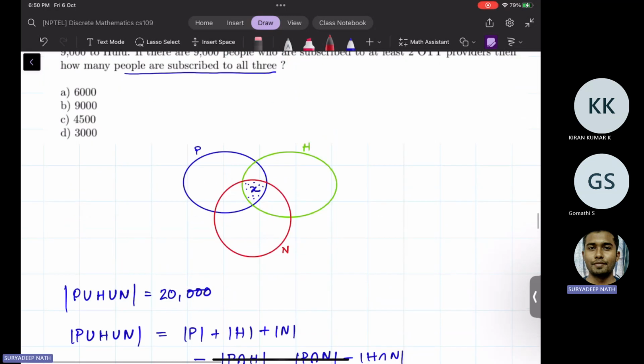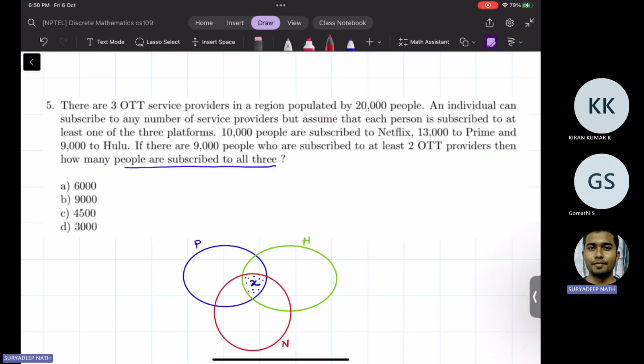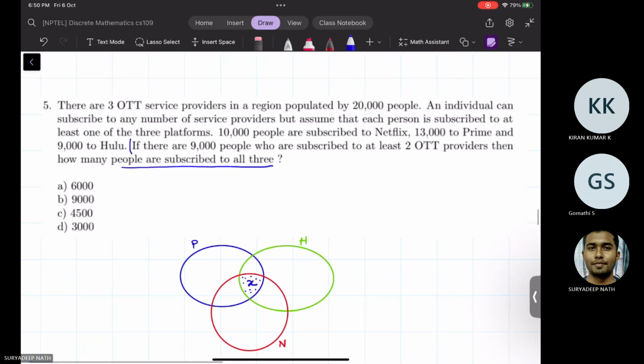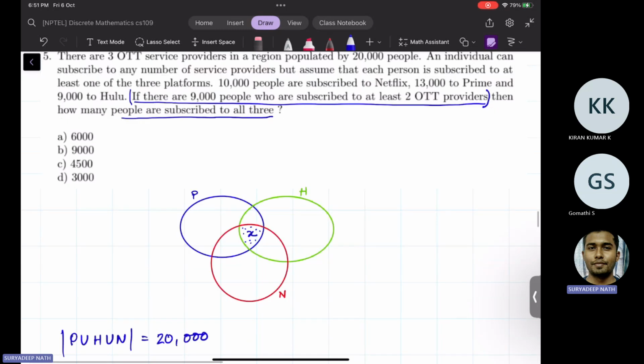Now, what we have been given is that 9,000 people are subscribed to at least two OTT providers.